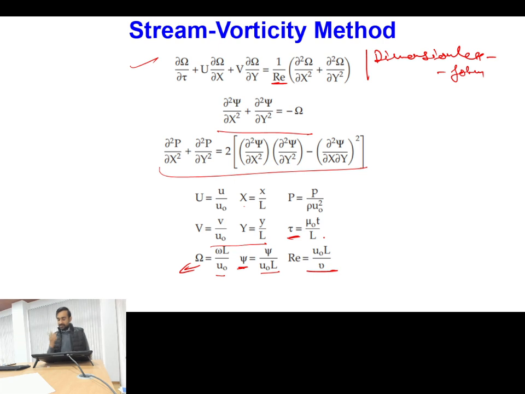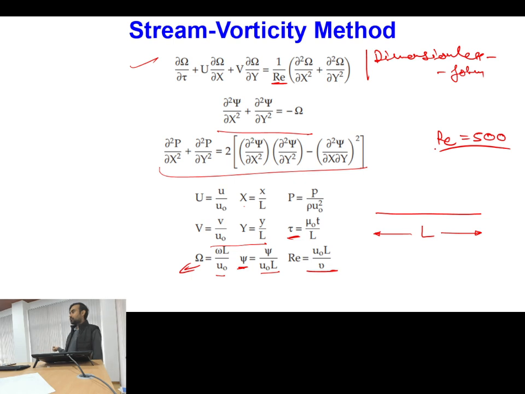So you can take a simplified two-dimensional case of flow over a flat plate of length L, and solve it in dimensionless form, say for a Reynolds number of 500 or so. You can decide your domain size in dimensionless coordinates and then write the finite difference code to actually solve this system of equations.